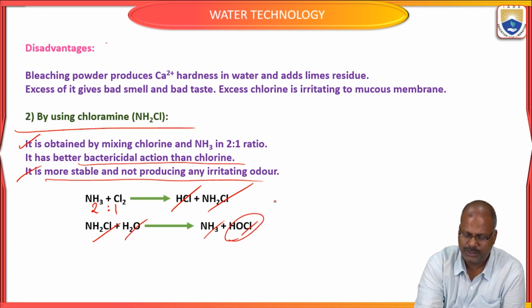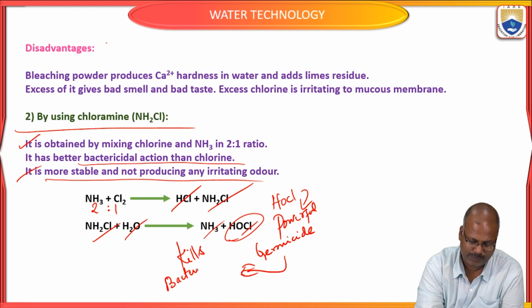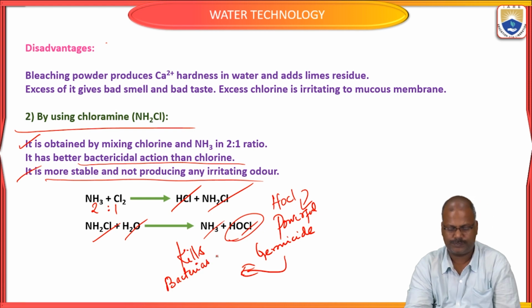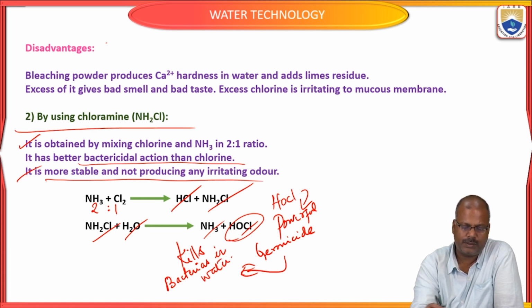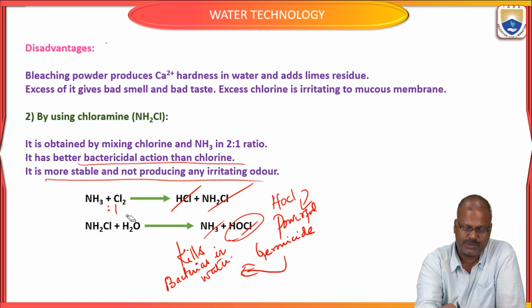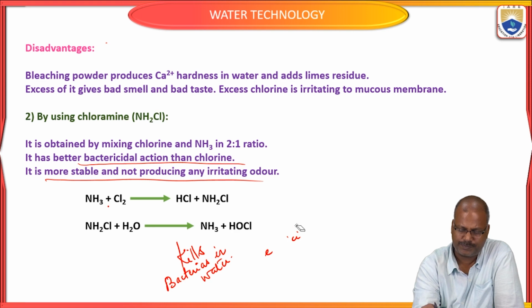Again, you know that HOCl is a powerful germicide which kills bacteria in the water. So these two come under under chlorination: one is chloramine and another is adding bleaching powder.